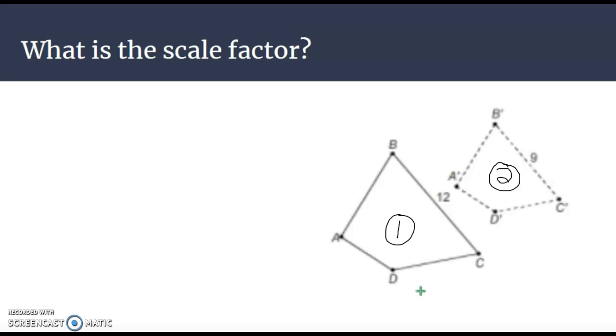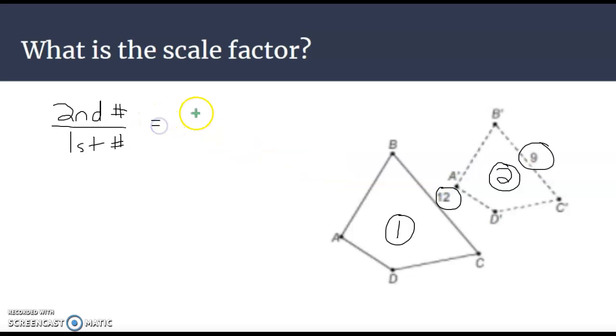Scale factor is easy to compute. Take the second measurement and divide it by the first measurement, and that will tell you the scale factor. Looks like we only have a 9 and a 12 to compare. So think of it as 9 over 12.